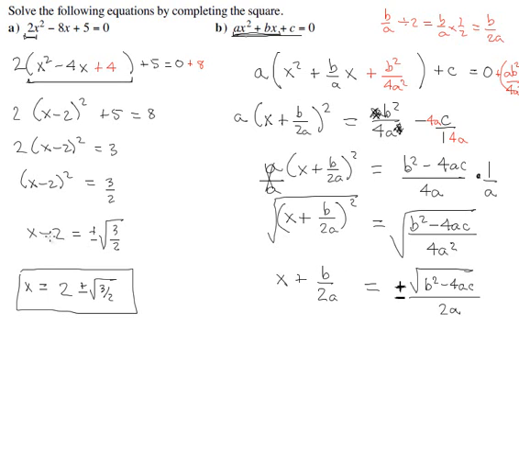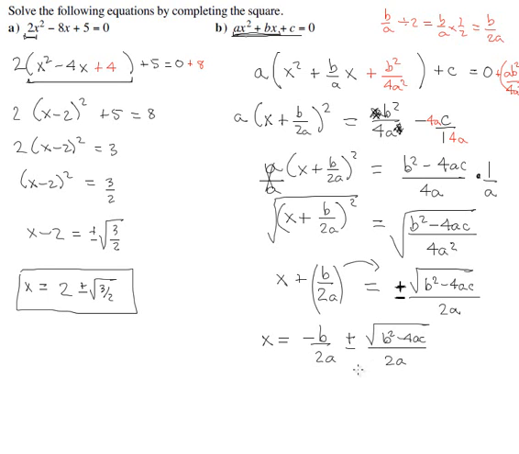Last thing that happens, here we took this negative 2 over to the right-hand side. Here we're going to take b over 2a over to the right-hand side. And so we get x equals minus b over 2a. It got moved to the right side, so it went negative, plus or minus root b squared minus 4ac all over 2a.